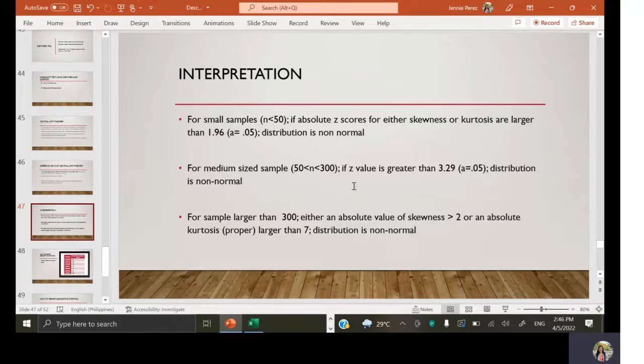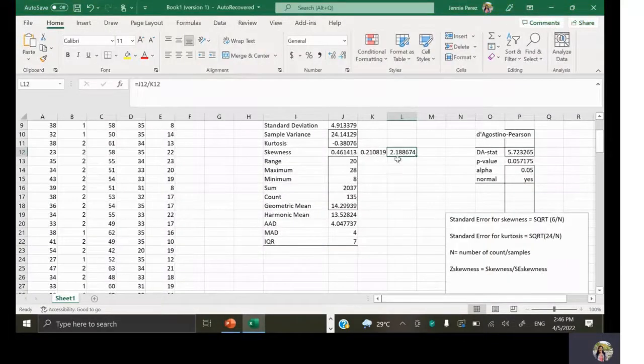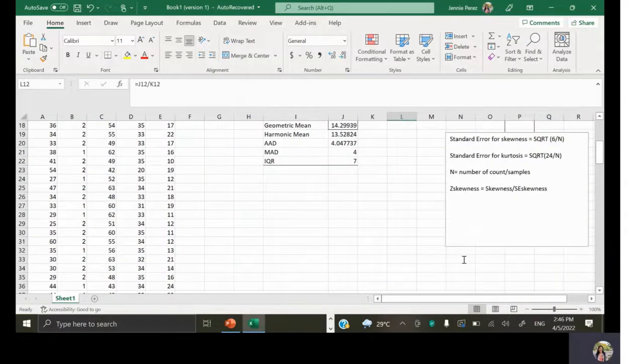So this is 3.29, our maximum. Let us look at the z-value. The z-value is 2.18. This is the interpretation.